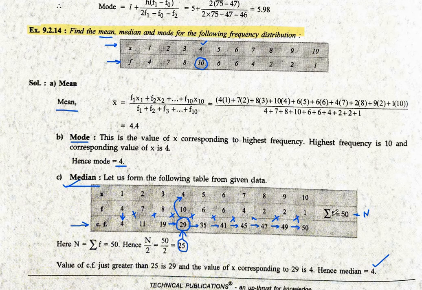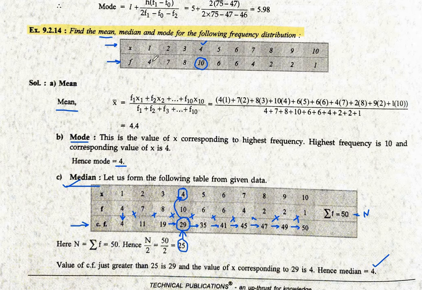Then we take the summation f divided by 2, so 25, and check the value greater than 25 in the CF, that is 29 here. Corresponding to that 29, we find the value of x, which is 4. So that comes out to be the median.